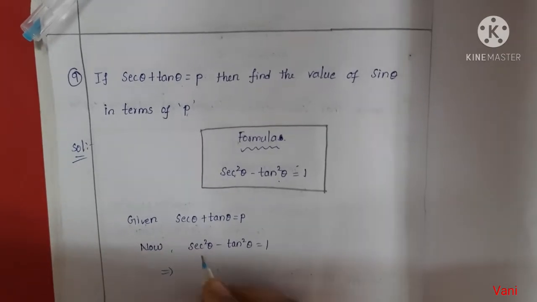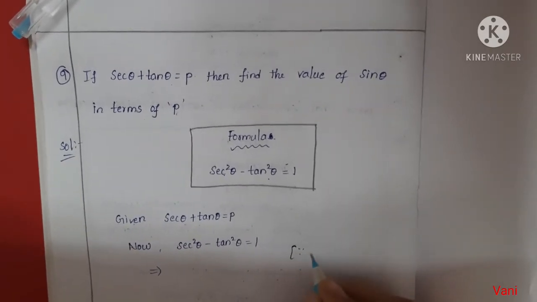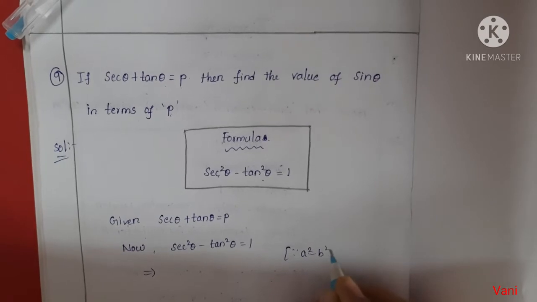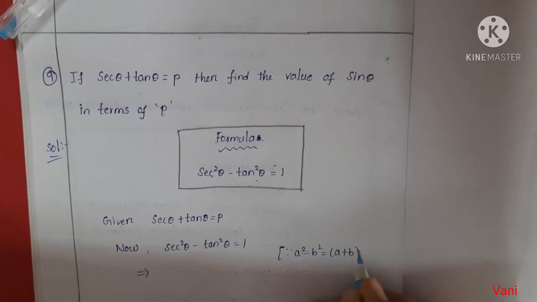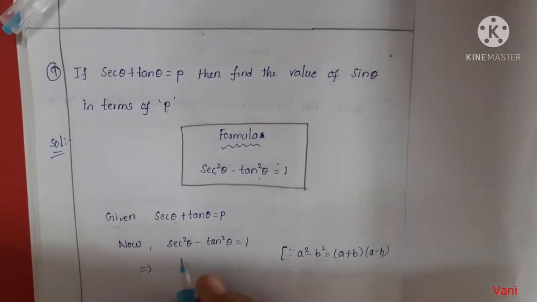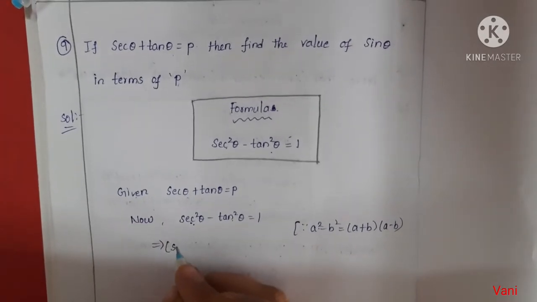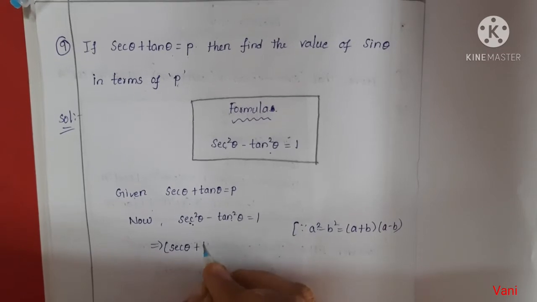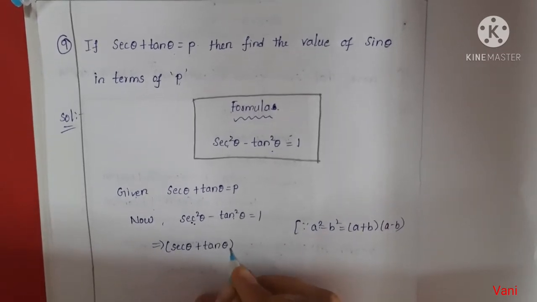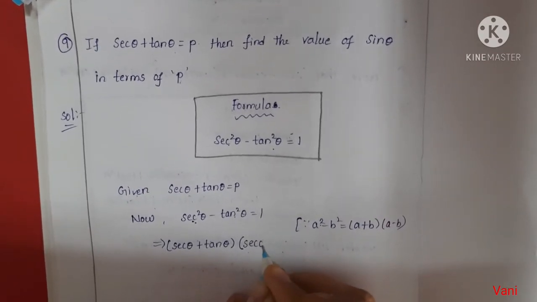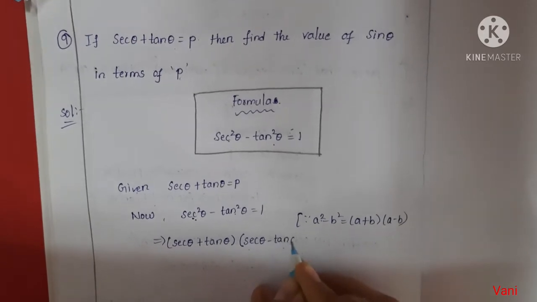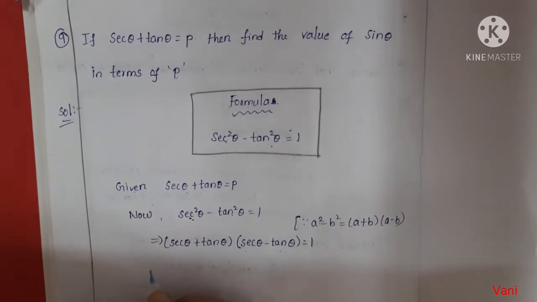So it is in the form a square minus b square. The a square minus b square formula is a plus b into a minus b. So expand: secant theta plus tan theta, that is a plus b, into secant theta minus tan theta, a minus b, is equal to 1.